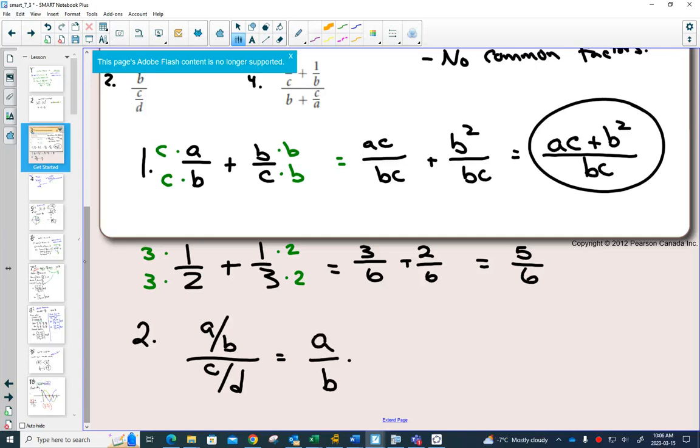So the second, or the fraction that's on the bottom, you write the flip of it. So instead of C over D, I write D over C. Now I'm multiplying 2 fractions, and the rules for multiplying fractions, you can multiply your numerators and multiply your denominators. So now I have a single fraction whereas I started off with a fraction divided by a fraction.